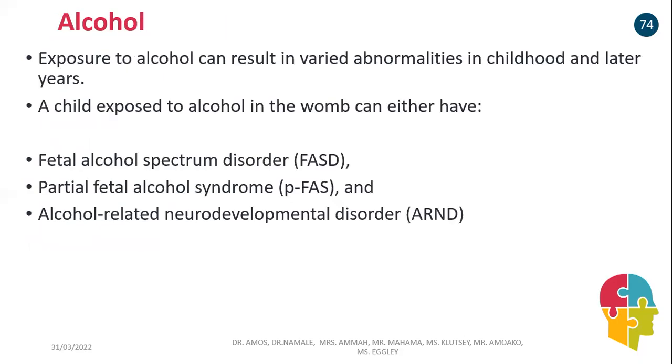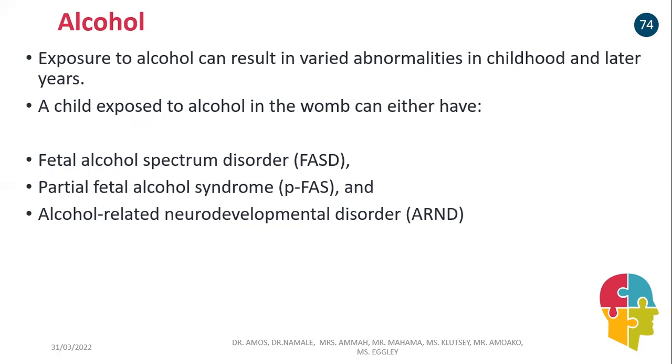Now, one of the teratogens I wanted us to talk about is alcohol. A lot of people seem to underestimate the effect of alcohol, but exposure to alcohol can result in varied abnormalities. We have what we call fetal alcohol syndrome. Now, there are different types.